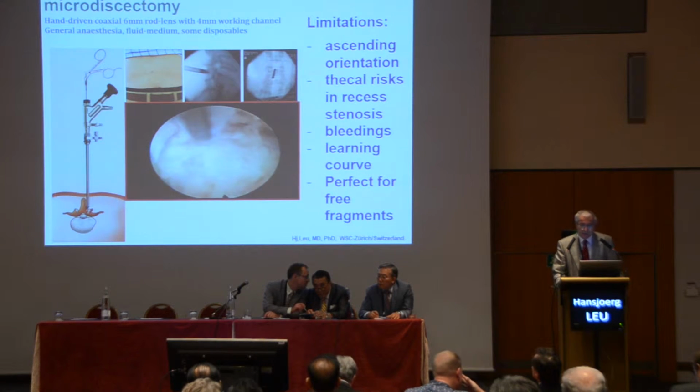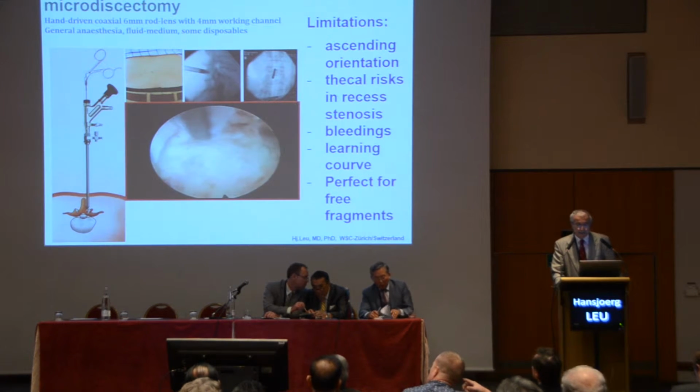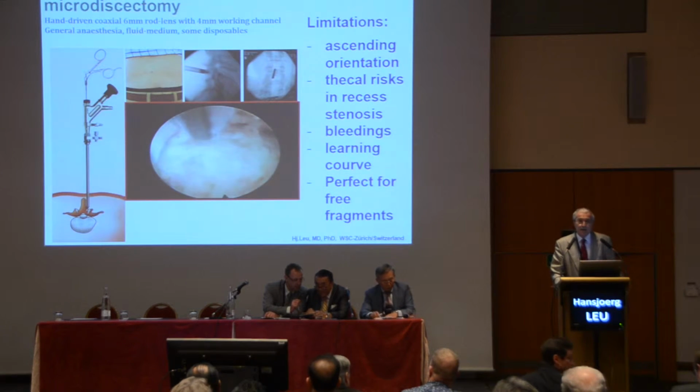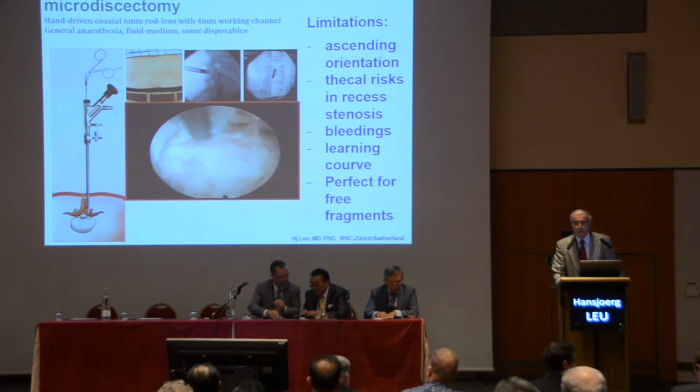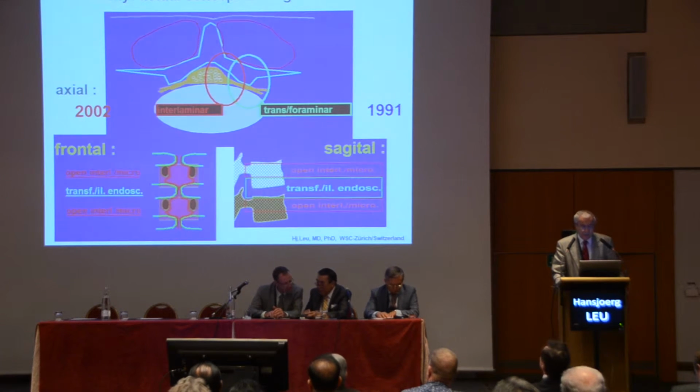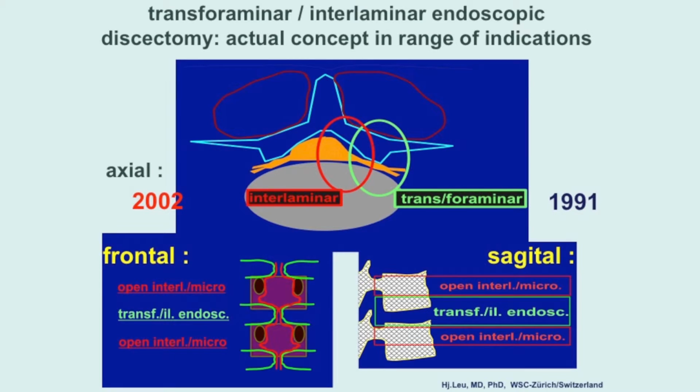You have some thecal risk that you have to manage, so you cannot address everything freely, and you also have to respect the intercanalar structures. The bleedings can be managed by the high-frequency machines that we have. We also have learning curves here, as we have discussed. It is not the same for everybody to do the same when he has not the same experience.